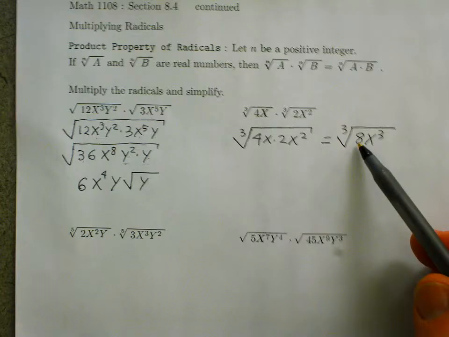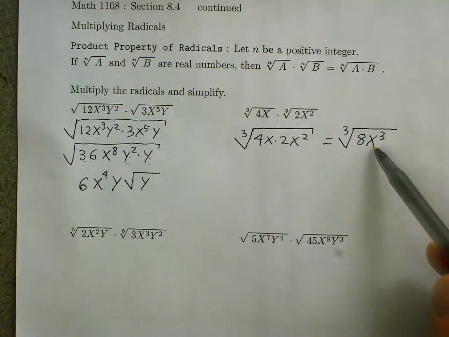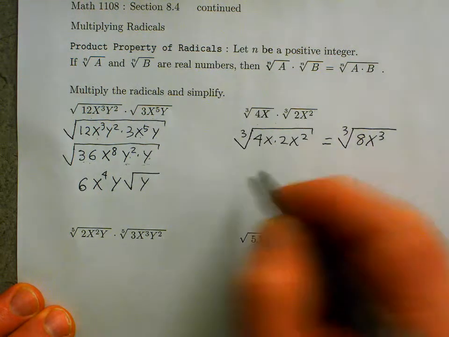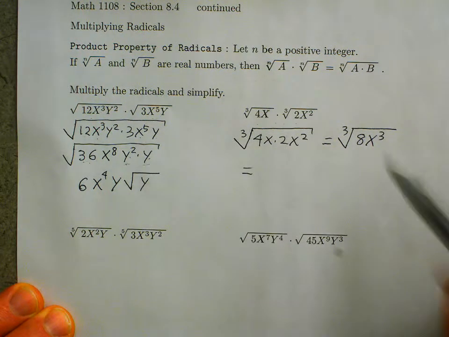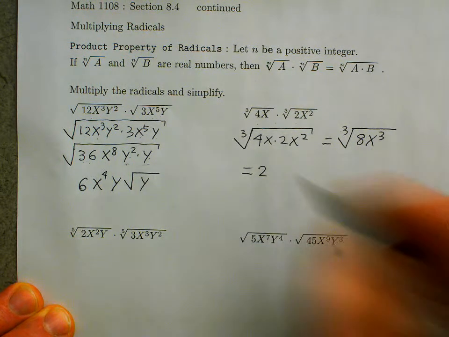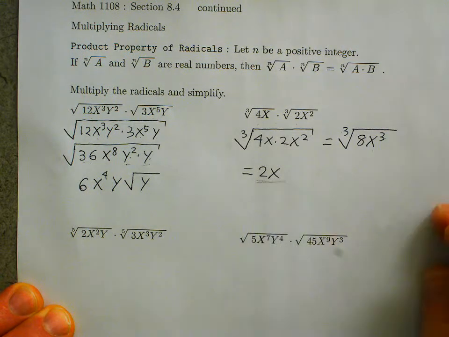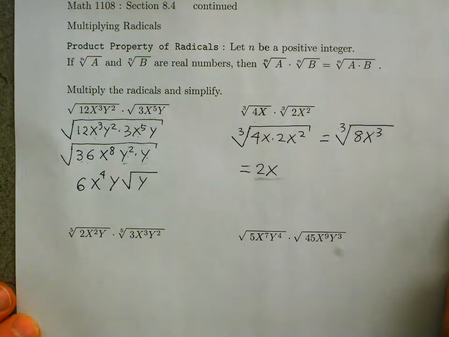And 8 is a perfect cube, and so is x to the third. So when we simplify, the cubed root of 8 is 2, and the cubed root of x to the third is x. So this time the simplified answer doesn't have a radical in it. It's just the term 2x.